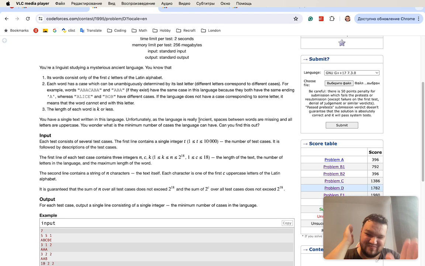Okay, so the problem. We need to split a string into some words with length at most k, and minimize the number of different letters that are used as the last letter in a word.